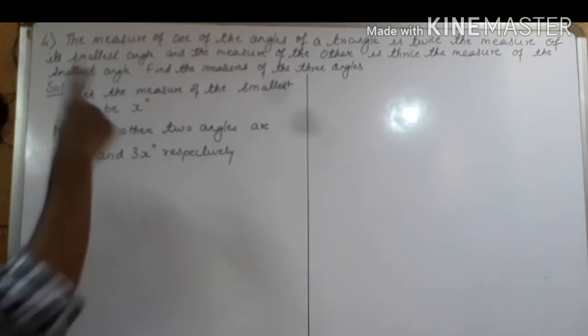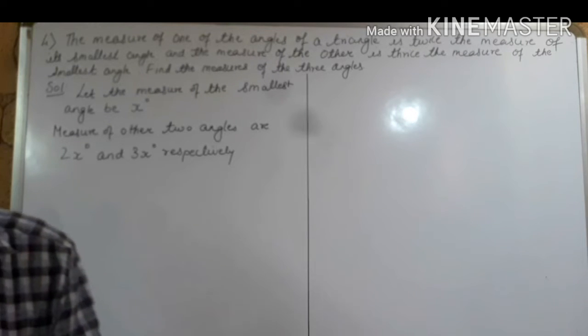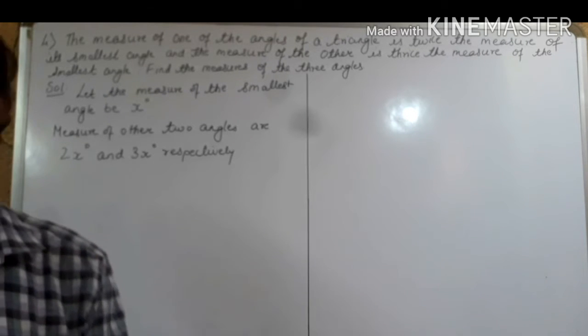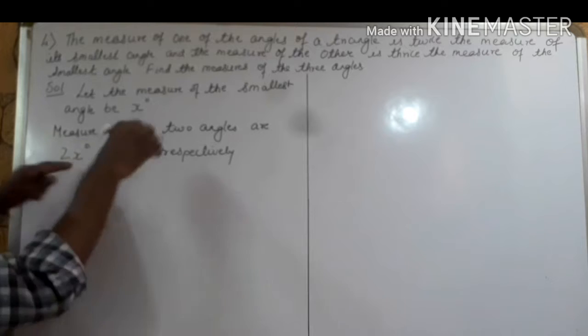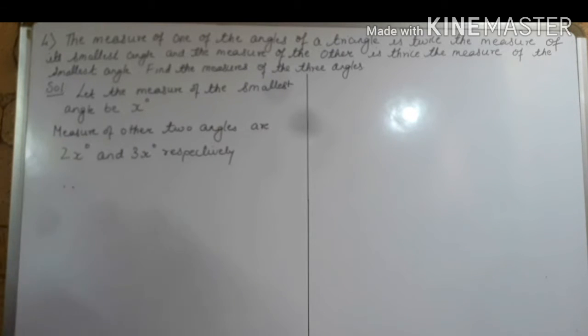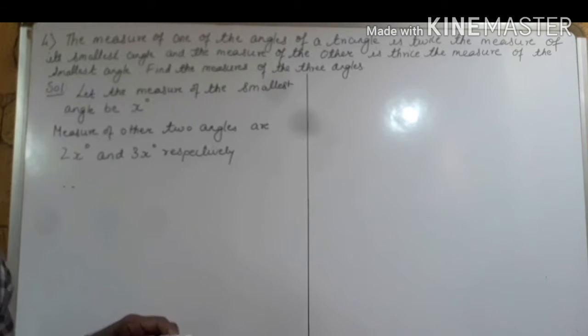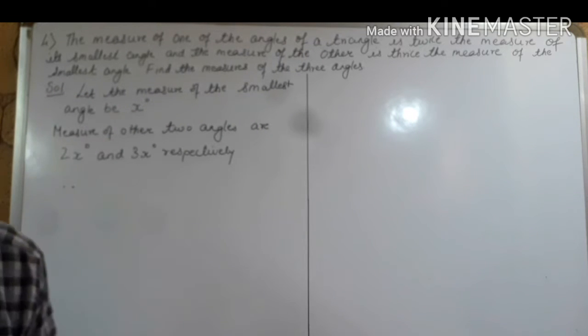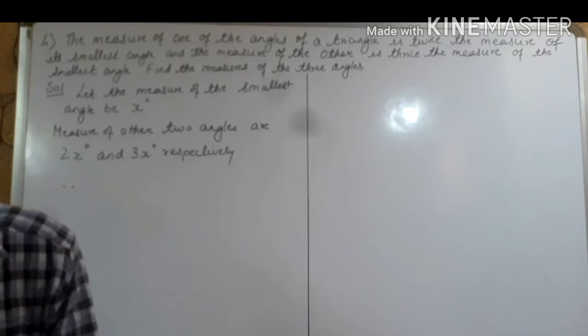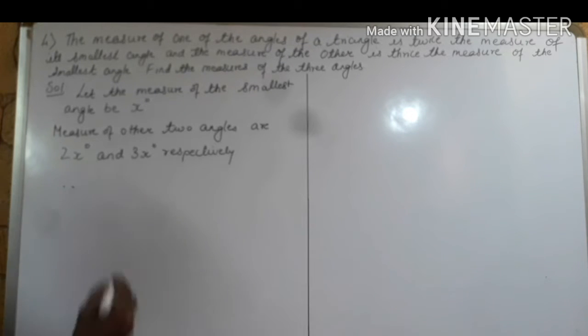Now, we know the sum of the measures of the angles of a triangle is 180 degrees, so we will write it over here. We have got three angles: the smallest angle we have taken as x degrees, then 2x degrees, then 3x degrees.